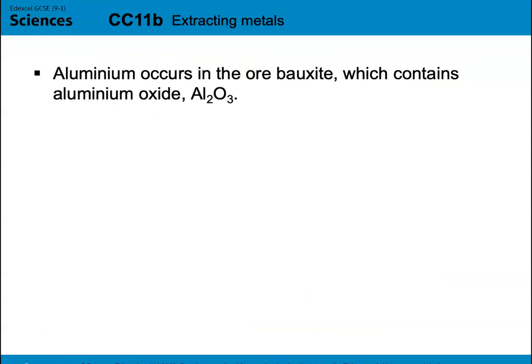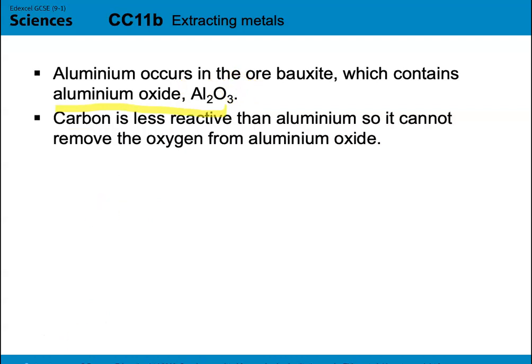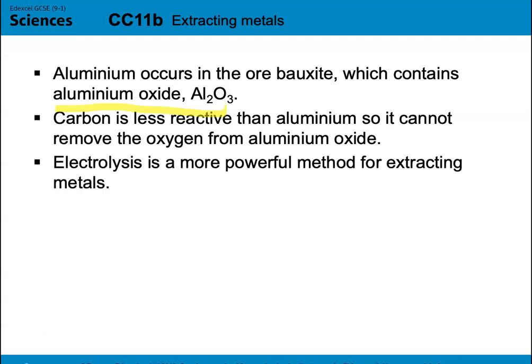So aluminium oxide is the ore. It is molten. Aluminium oxide will be dissolved in something called cryolite, and then electricity will be used to extract aluminium from the aluminium oxide. Carbon is less reactive than aluminium, hence carbon can't be used to extract aluminium.